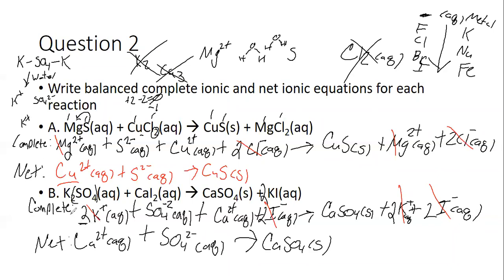If you write K2, what you're saying is your potassiums are bonded to each other. A metal will never bind to itself in water. A metal will always be by itself in an aqueous compound. So we always have to write potassium, calcium by itself in an aqueous compound.